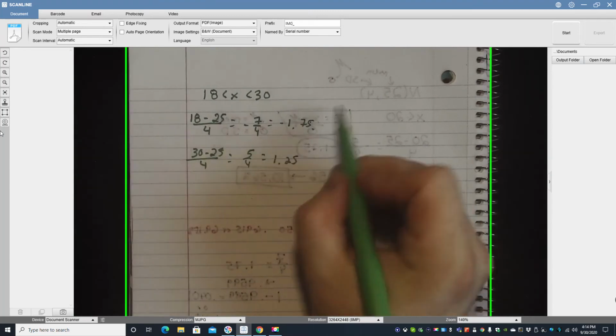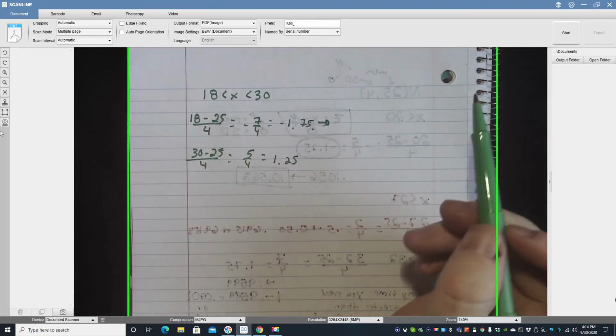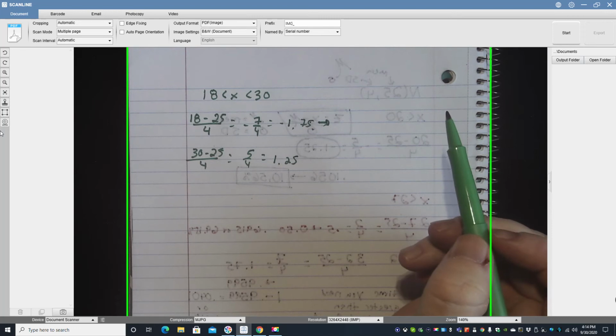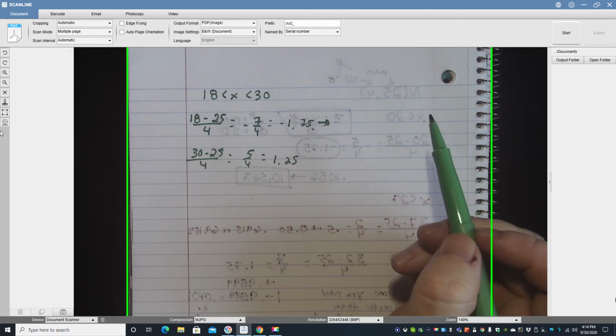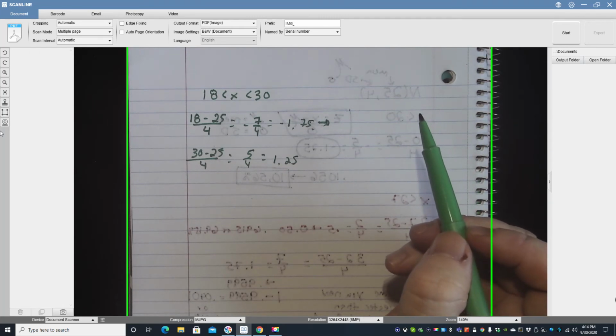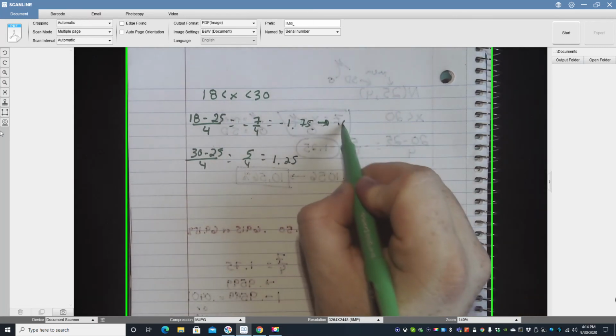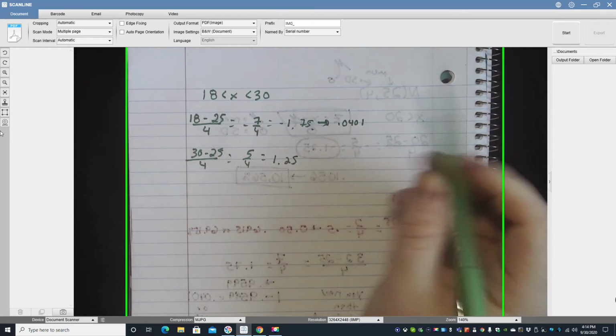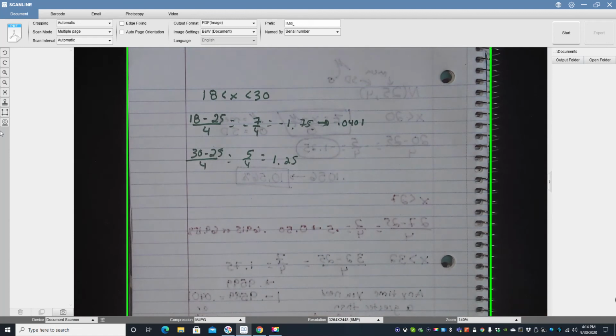So I look up negative 1.75. That would give me 0.0401, and for 1.25, that would give me 0.8944.